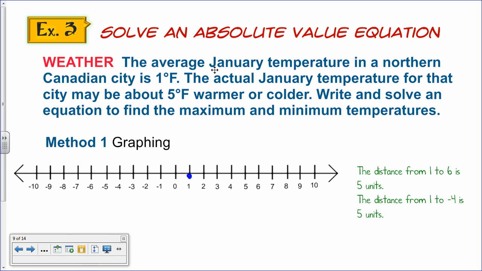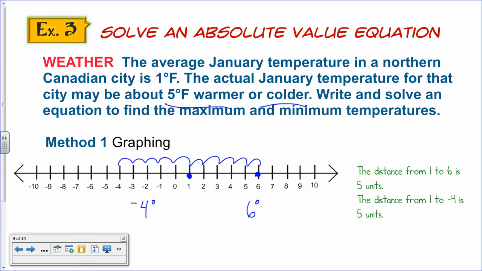So we need to go what? 5 degrees warmer or colder? 5 degrees warmer would be where? 1, 2, 3, 4, 5. So it could be what? 6 degrees, couldn't it? Okay. Or it could be colder, which is 1, 2, 3, 4, 5. It could be a -4 degrees.